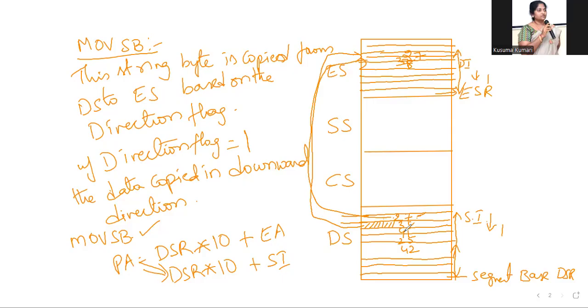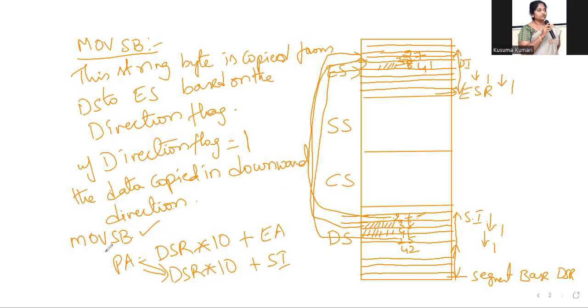Again the source index register is decremented by 1 and the destination index is decremented by 1. Now in the data segment this memory location is identified, and in the extra segment the third memory location is identified. Now this 41 is copied into the next memory location. Here 41 is copied.